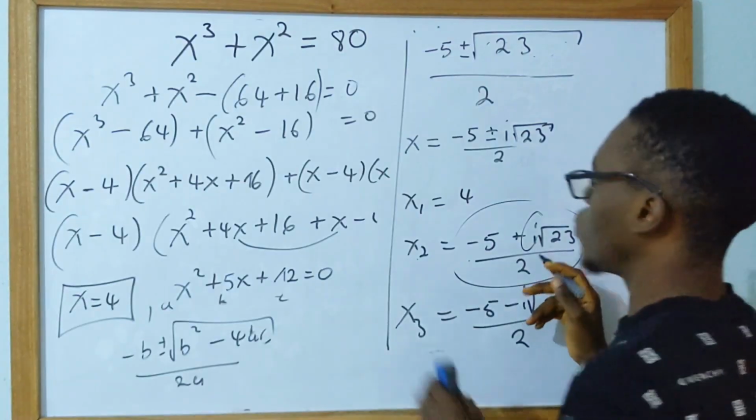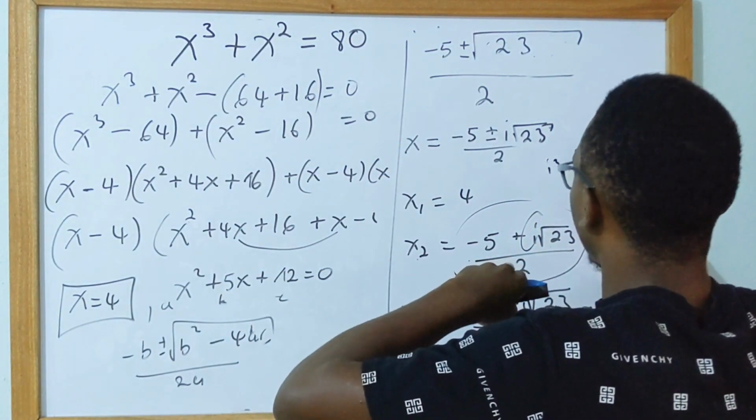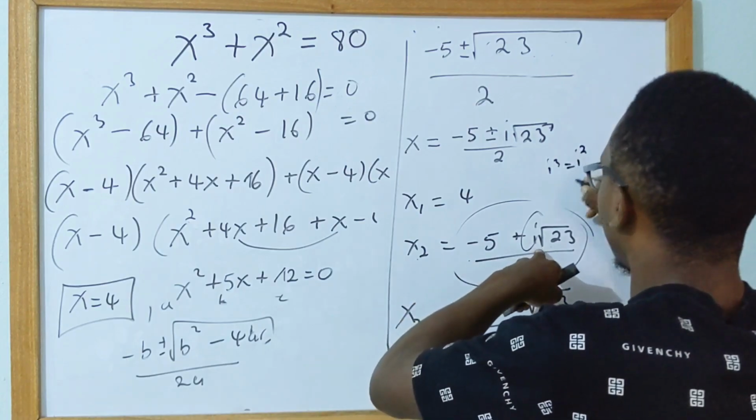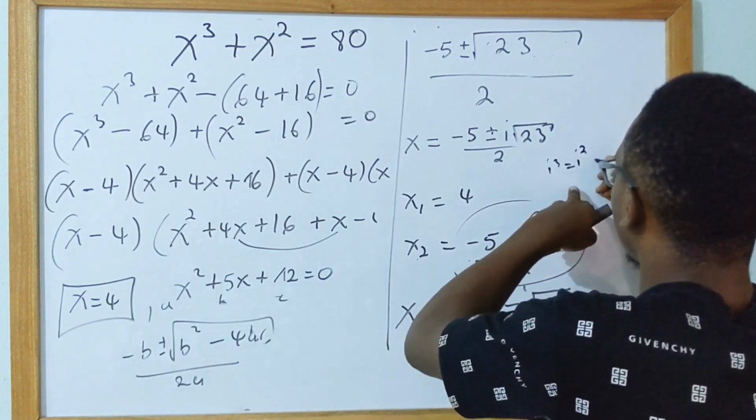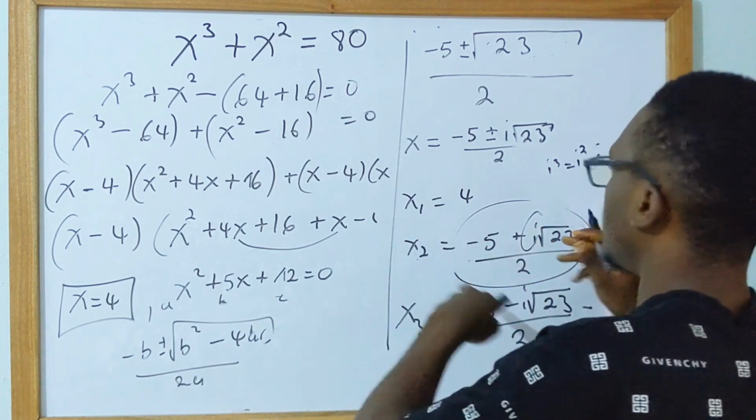But what you're going to do is use the principle that i cubed is equal to i squared times i, meaning at this other point you're going to have something that will cancel out when you simplify. You're going to use your hand to do this, because with the calculator it will not be easy to come out.